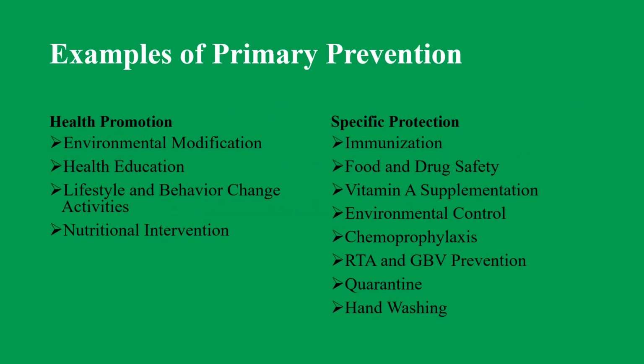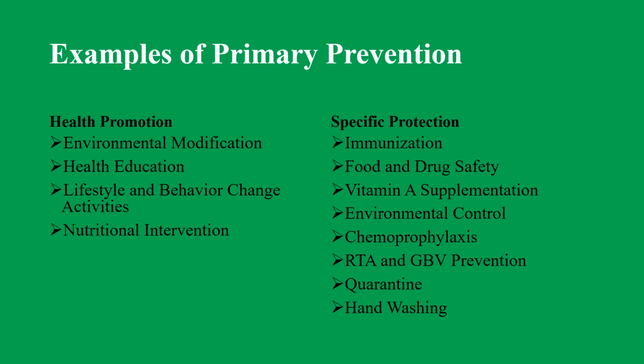So here they are. Environment modification is one of them. Primary prevention that is concerned with environmental modification includes clearing bushes. For instance, if you want to deal with mosquito breeding or even breeding of snakes around those bushes.